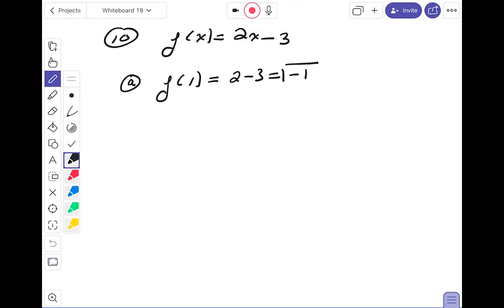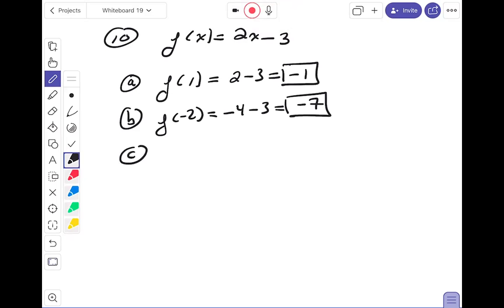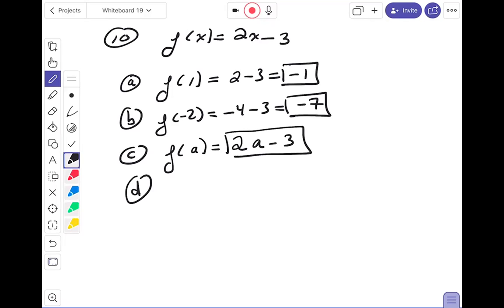We'll check it in the key later. B, f of minus 2. That would give me minus 4 minus 3, which is minus 7. Again, we'll check this in the key later. C, what does C say? F of a. Well, that seems strange, but what do we do? Just plug it in. That's done. It's 2a minus 3.